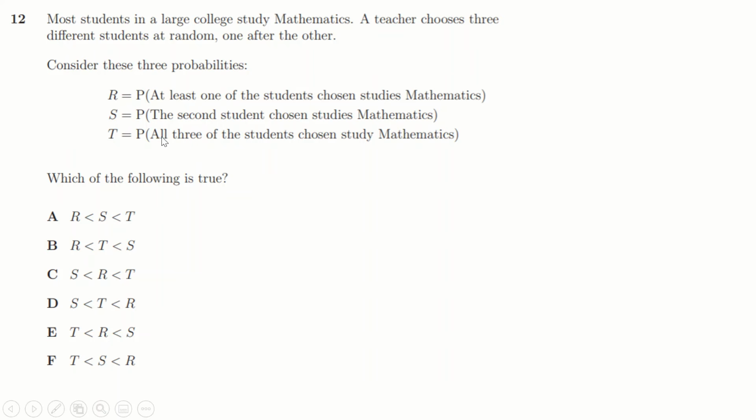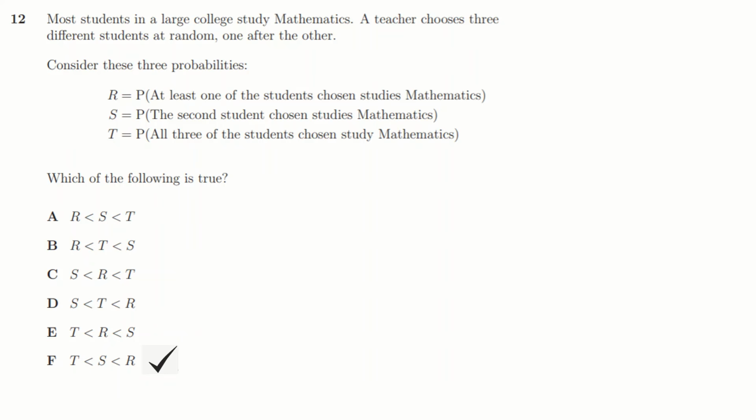So this is just a tighter version of this. And so the order for the probabilities is just the order that they're contained in: this is the most likely, followed by this, which is just a subset of that, followed by this, which is just a subset of that. I'm going to put a video in the link that talks about another question just like this one, in case you want more detail on that kind of logic.